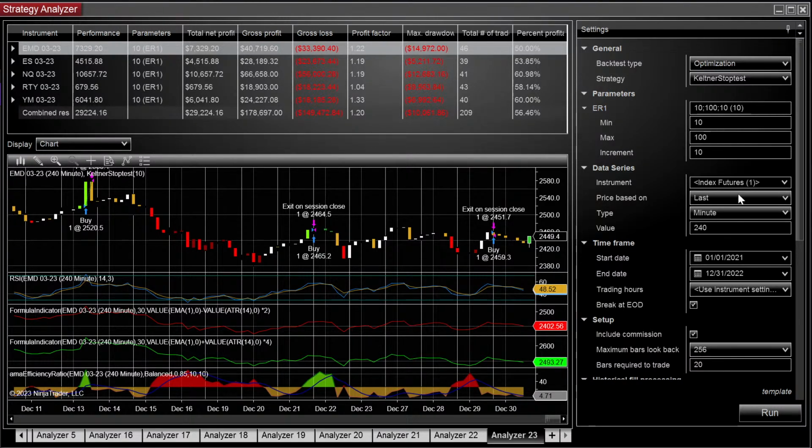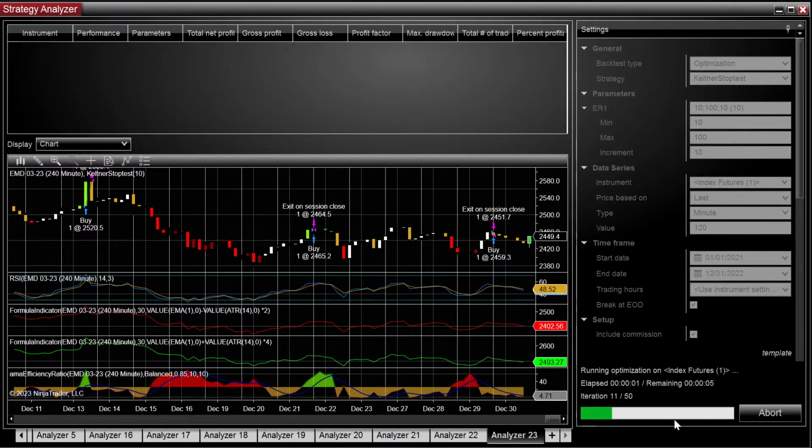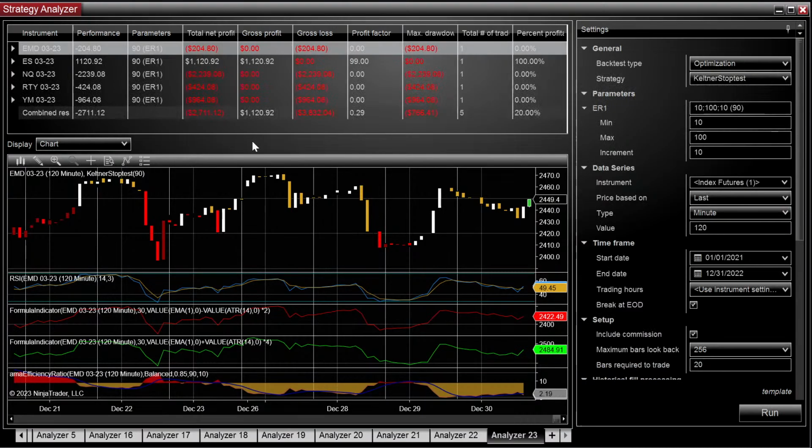And the results are much better compared to our last 4-hour test. Last time it was like 19,000. Yeah, profitability went up like 20%. Definitely. Let's see if that's going to correlate down to some of the lower time frames. Hopefully. It shows 90 now, and gives us no trades.